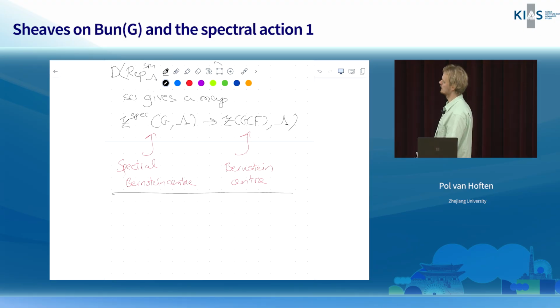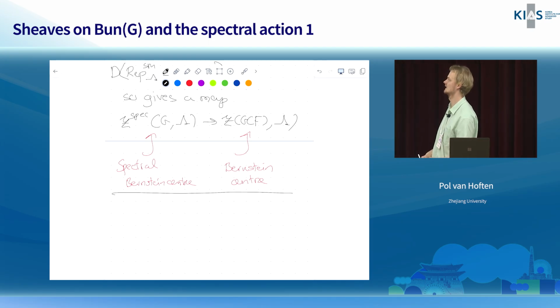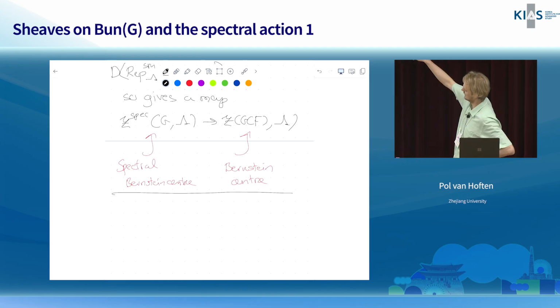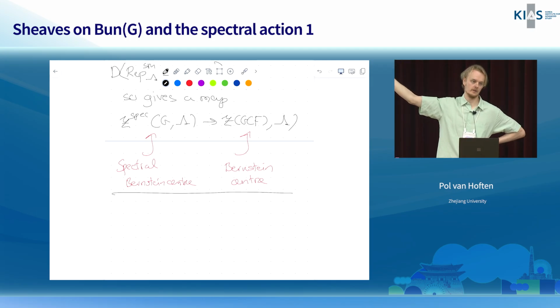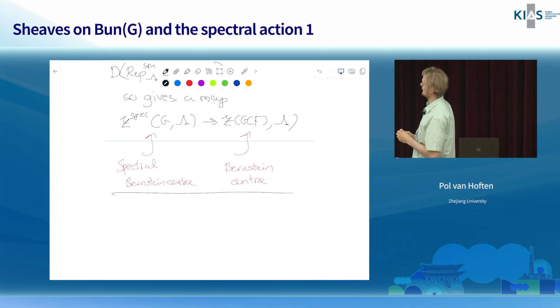In fact, for GLn, it's an isomorphism. You have to be slightly careful. I think it's not known that the formation of this Bernstein center on the right commutes with base change in lambda. For the left-hand side, this does commute, but a priori it could be really bad.